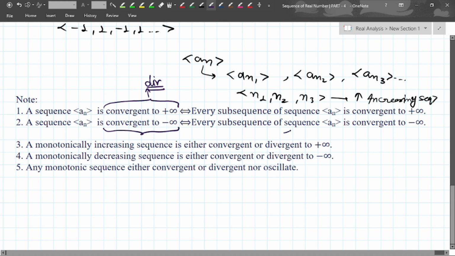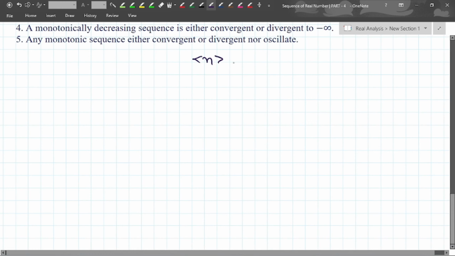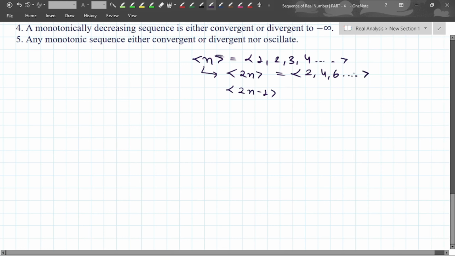Let's take one example, the sequence n. What subsequences can I take? 2n, and 2n minus 1. If the sequence is 1, 2, 3, 4 up to infinity, then taking only the even numbers gives 2, 4, 6, which will also go to positive infinity.